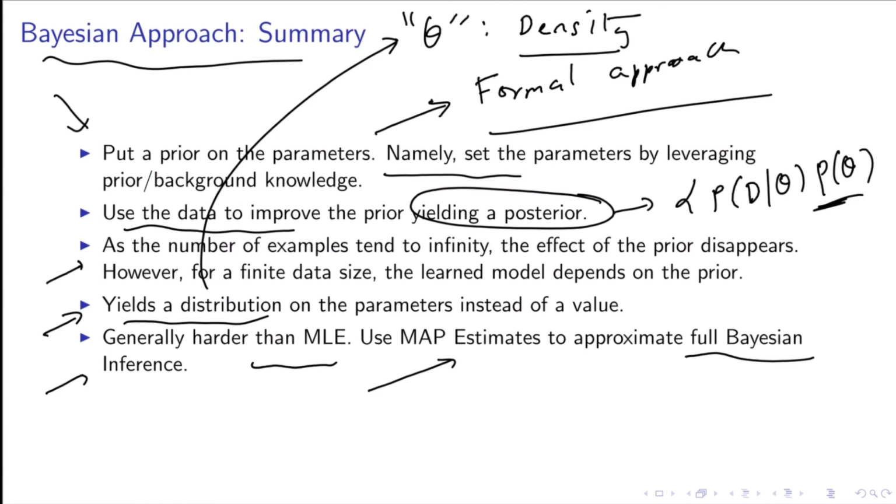But the MAP will have certain drawbacks, and one of them is that it's only looking at the so-called mode of the posterior, and it's not looking at the so-called average case performance.